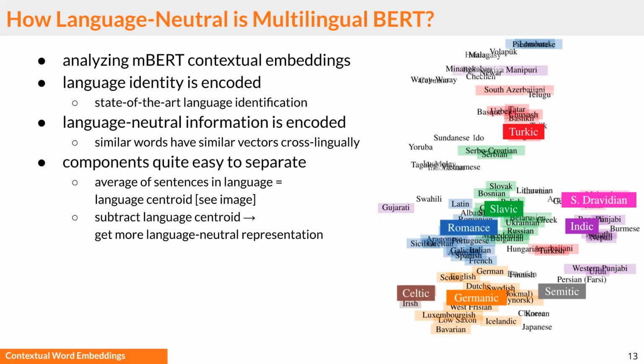So what this experiment showed was that if you take, for example, all the sentences in Sundanese that we have in our corpus, we compute their mBERT embeddings and average them together, and we have this as one kind of language embedding. So this is an embedding of all the words in the language that we've had in our corpus.